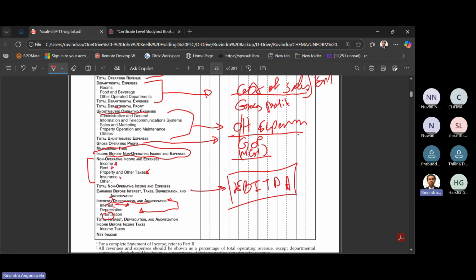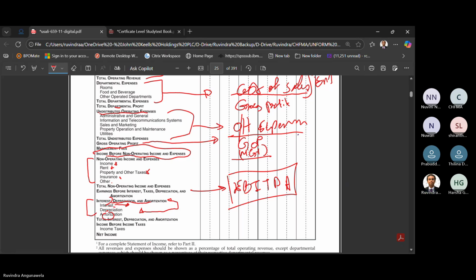I won't go into that length in this subject because you do have a separate subject looking into these areas. So just for now, know that there is another section for interest, depreciation, and amortization, which is coming after EBITDA.